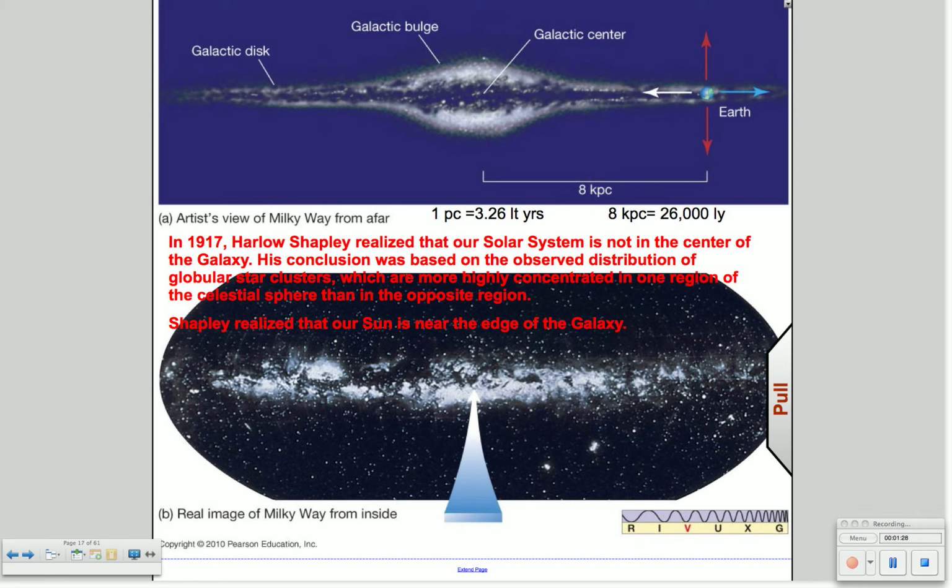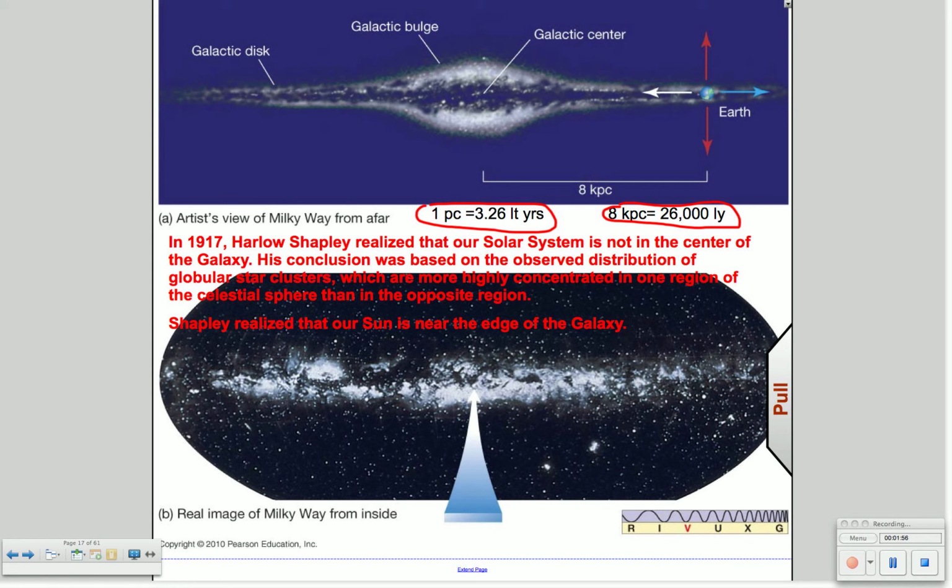It's what's called a spiral galaxy, and the Earth itself is 8 kiloparsecs away from the center of the galaxy. Just to review what a kiloparsec is, 1 parsec is 3.26 light years. So 8 kiloparsecs is about 26,000 light years. That's how far away we are from the center of our galaxy.